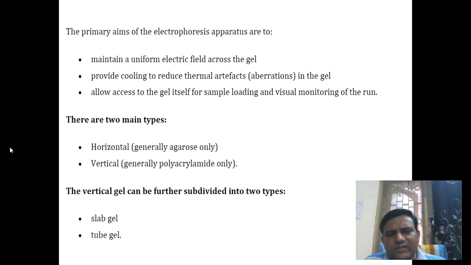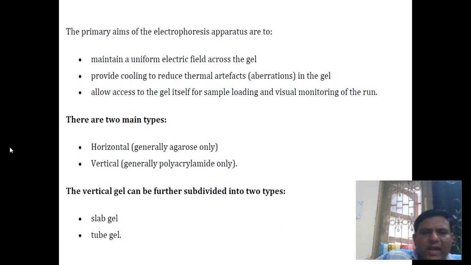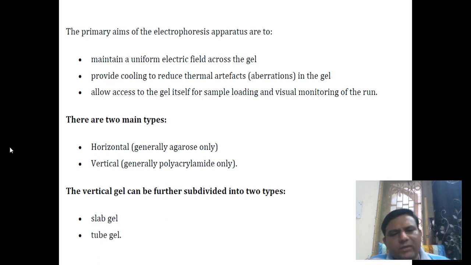The second one is vertical electrophoresis, in which your molecule migrates in a vertical direction, for example the polyacrylamide gel. In polyacrylamide gel, when we perform it in a laboratory, your molecule migrates in a vertical direction, and that's why this type of electrophoresis is known as vertical electrophoresis.